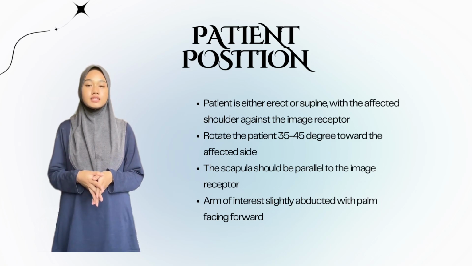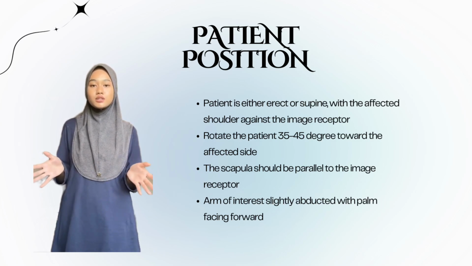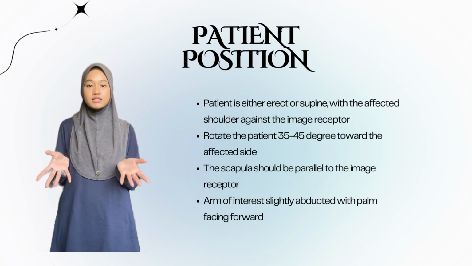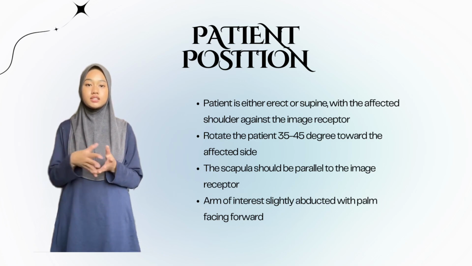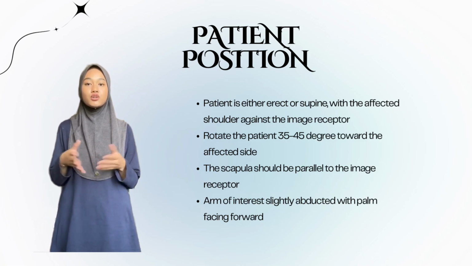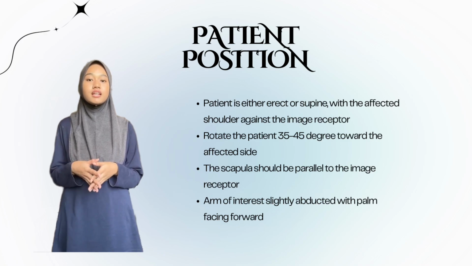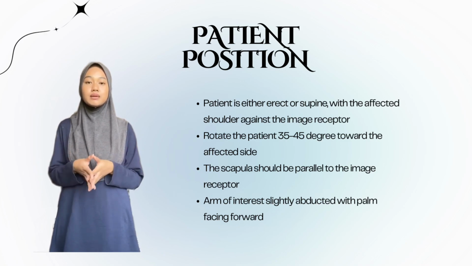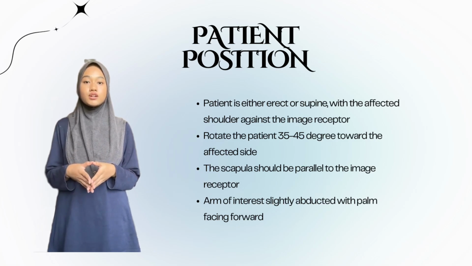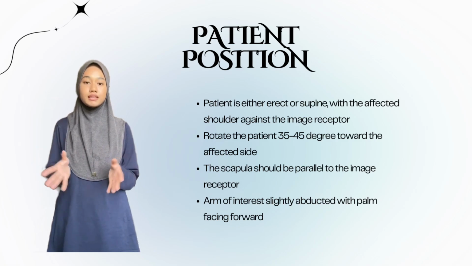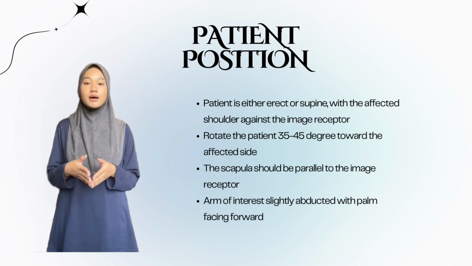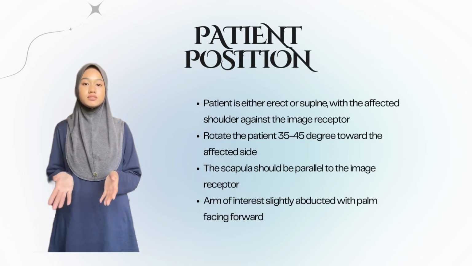The arm of interest should be slightly abducted with the palm facing forward to ensure optimal visualization of the shoulder structures. This positioning helps demonstrate the glenohumeral joint and related bony landmarks with minimal distortion. However, if a fracture or dislocation is suspected, the patient is usually positioned supine and the arm kept in neutral position.